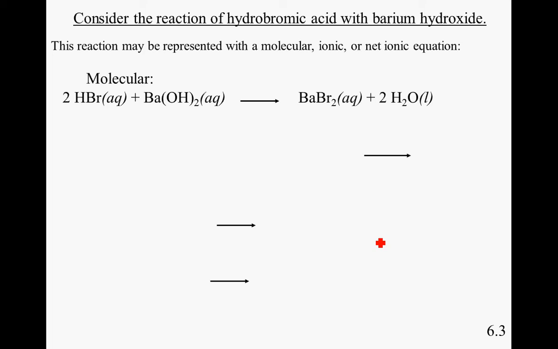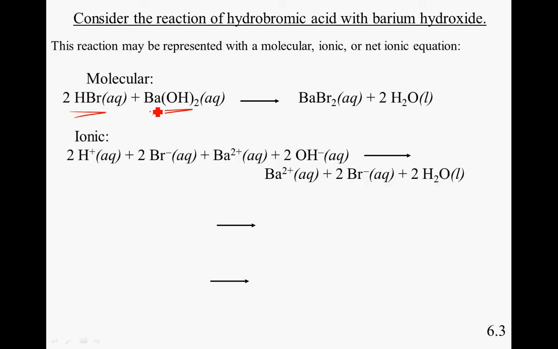Let's take a look at another example. Hydrobromic acid with barium hydroxide. If we break both of the compounds down into its ions, we can see what's really going on. We have HBr forming H+ and Br-, and Ba(OH)2 forming Ba2+ and OH-.